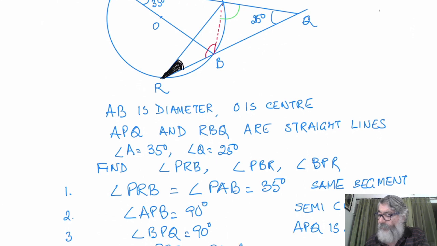Exterior angle property. What is the exterior angle property? That if one side of the triangle is extended, then the exterior angle so formed is equal to the sum of the interior opposite angles.